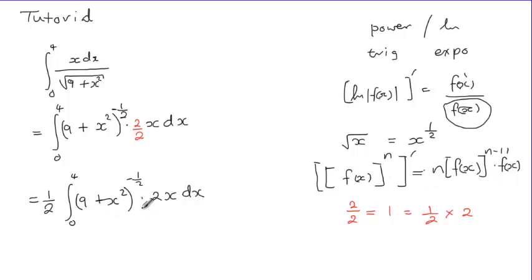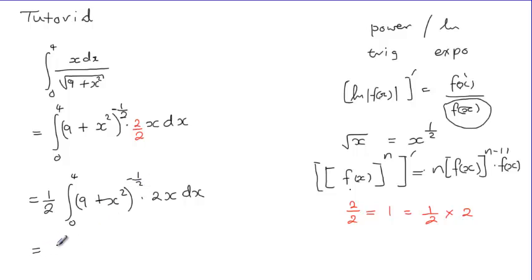Now when I'm looking at this, I can see exactly the same type of structure. There is a function elevated to a power n, times its derivative. And we know how to get to that: the power rule of integration. The power here is not minus 1, so the power rule can be applied.